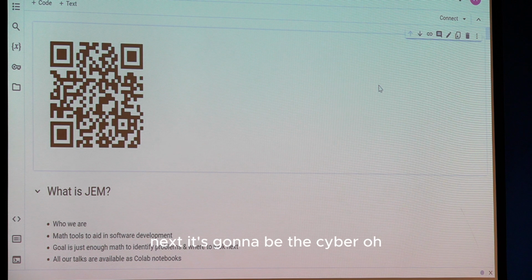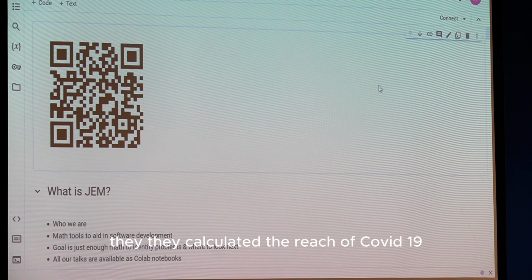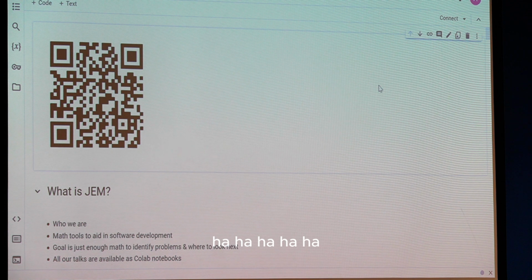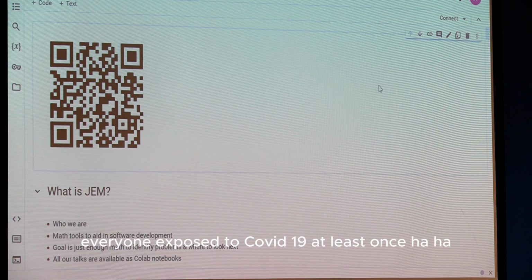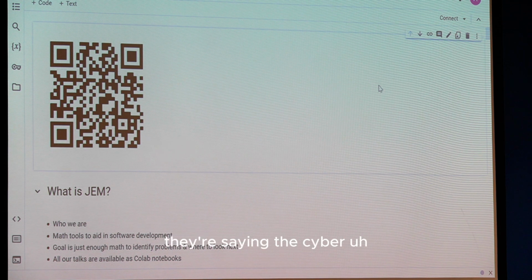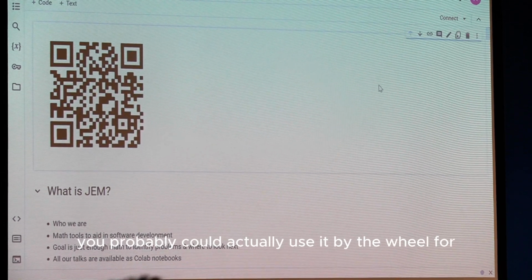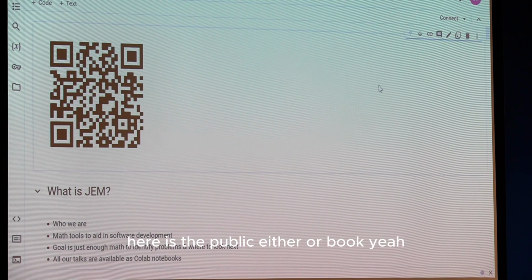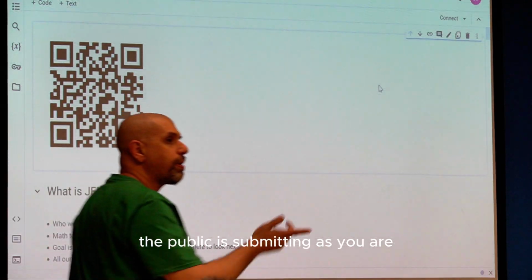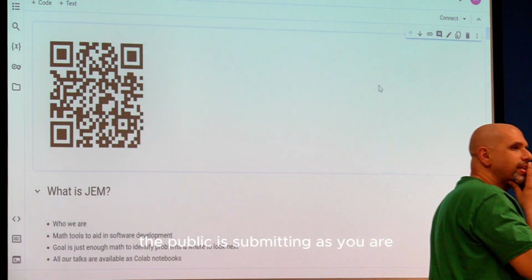The next is going to be cyber. They calculated the reach of COVID-19. We were exposed to COVID-19 at least once. They're saying the cyber collapse of the bank will be the only thing that scares the public enough. The probability of contracting it is definitely going to be a function of age.